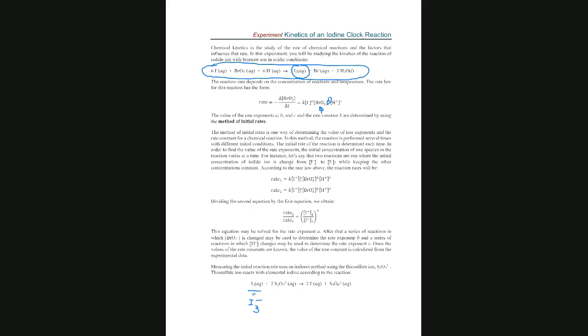We add a specific amount of thiosulfate to the reaction, so we have the iodine, the bromate, the acid, and the thiosulfate.